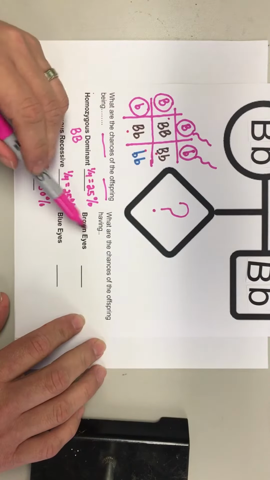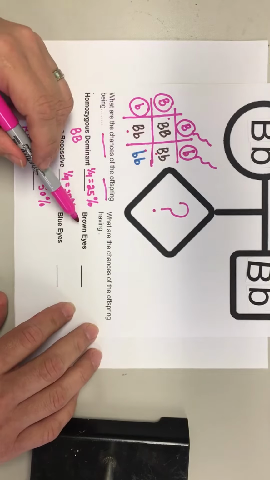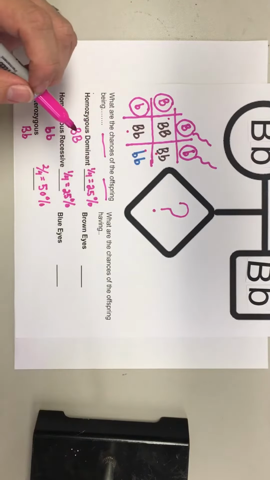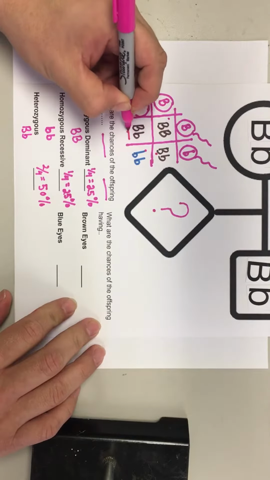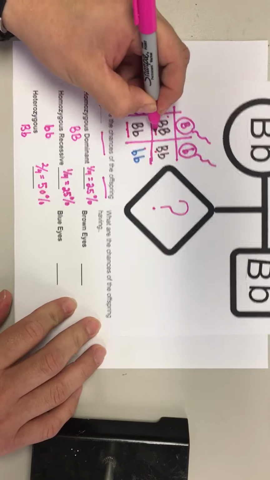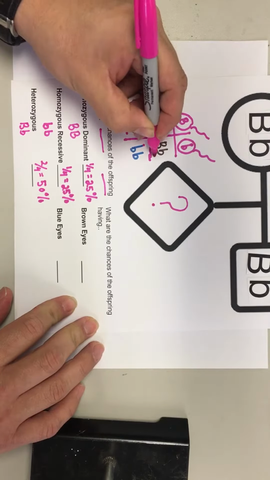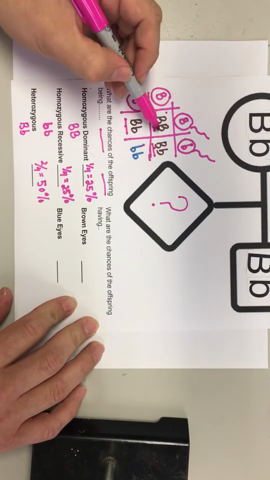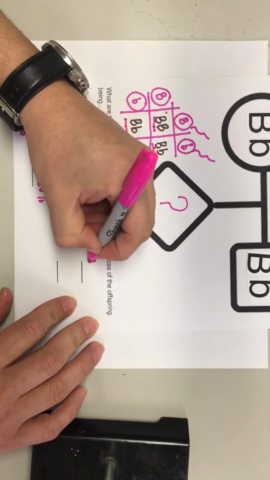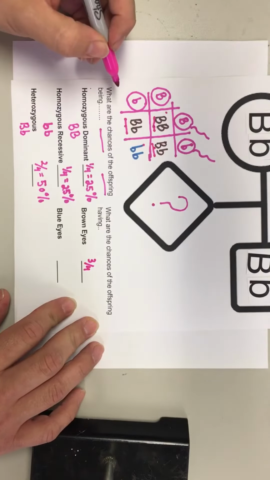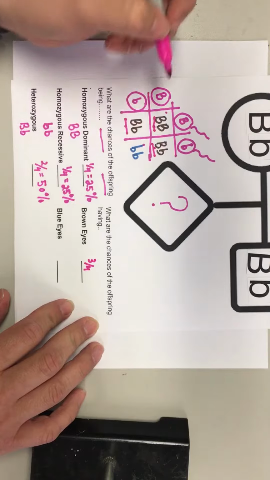Now let's talk about phenotypes. Brown eyes, here's where it gets tricky. Remember, this person has brown eyes, this person has brown eyes, this person has brown eyes. There are 3 of 4 possible outcomes that will give us brown eyes.